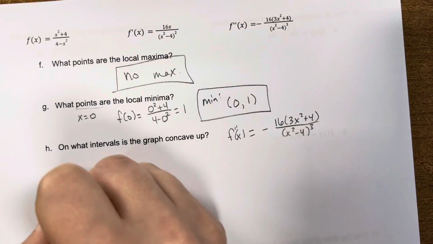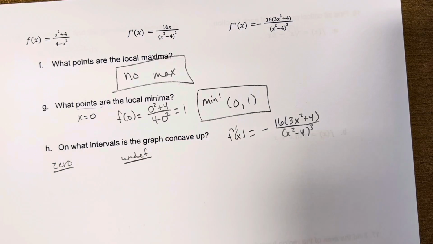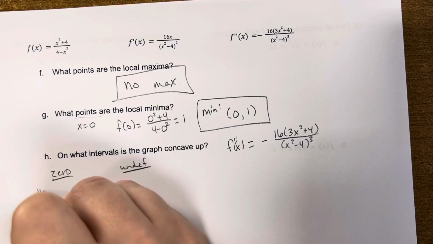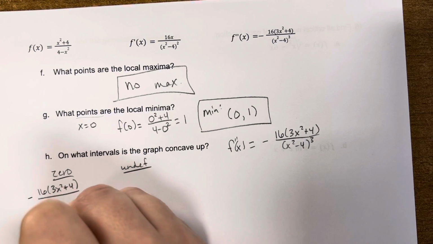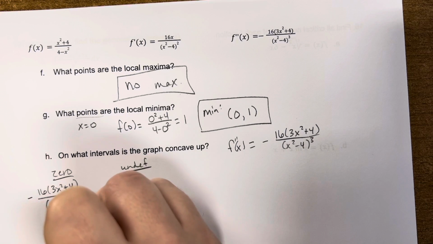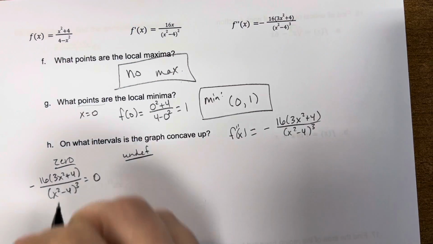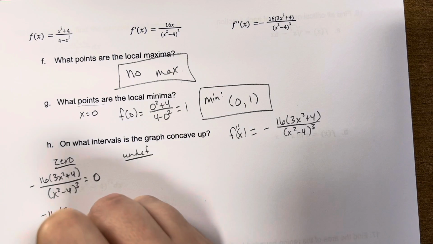I need to figure out when this is 0 and when it is undefined again. So when is it 0? That's where all of this, 3x squared plus 4 all over x squared minus 4 cubed, equals 0. Well, it's really when the numerator equals 0, because if I multiply by this stuff, it's still just 0.